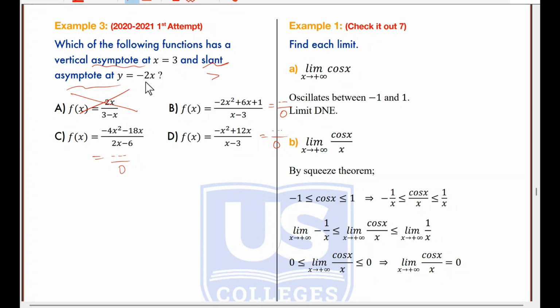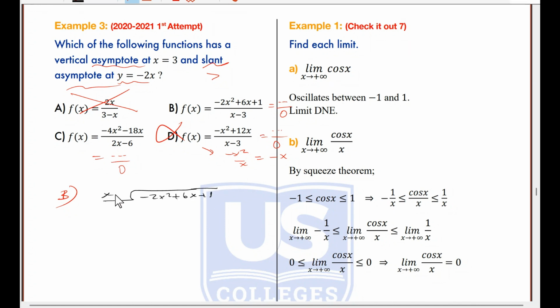So the slant asymptote will determine our answer. You divide top by bottom for each option one by one. But when you try option D, negative x squared over x will give you negative x, not negative 2x. So you can also eliminate option D, right? When you do long division, you divide the leading terms. Then option D doesn't give you negative 2x. So try B and C one by one. Option B, for example, top is negative 2x squared plus 6x plus 1.